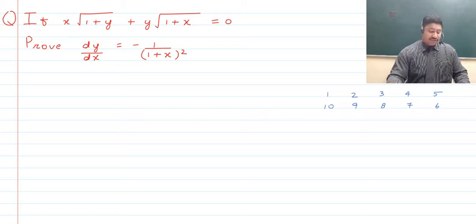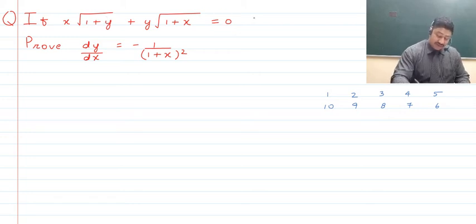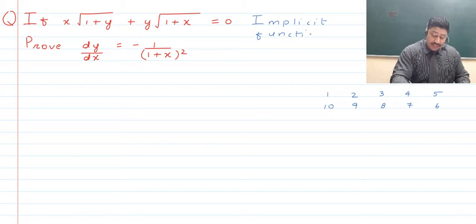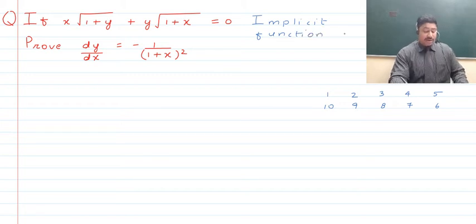Now children, there is one thing to note about this equation which has been given to you, that is x times the root of 1 plus y plus y times the root of 1 plus x. This is known as an implicit function, right? And in an implicit function you cannot separate the dependent variable and the independent variable.